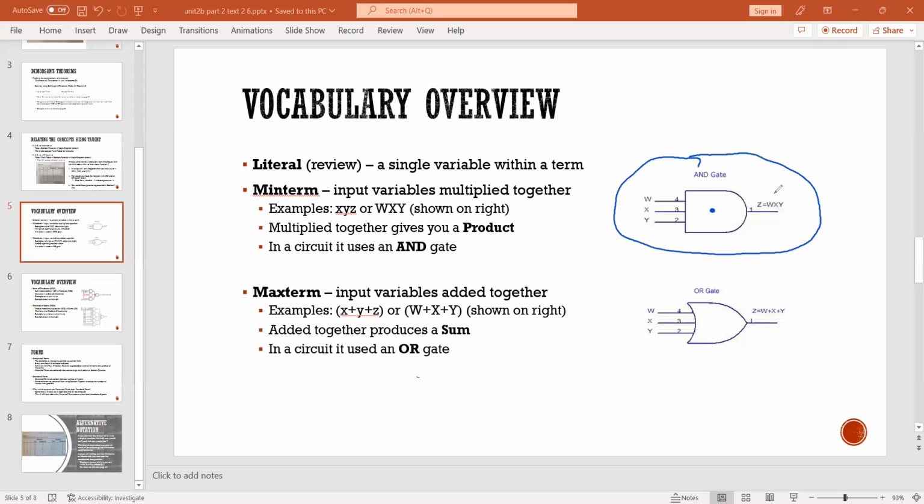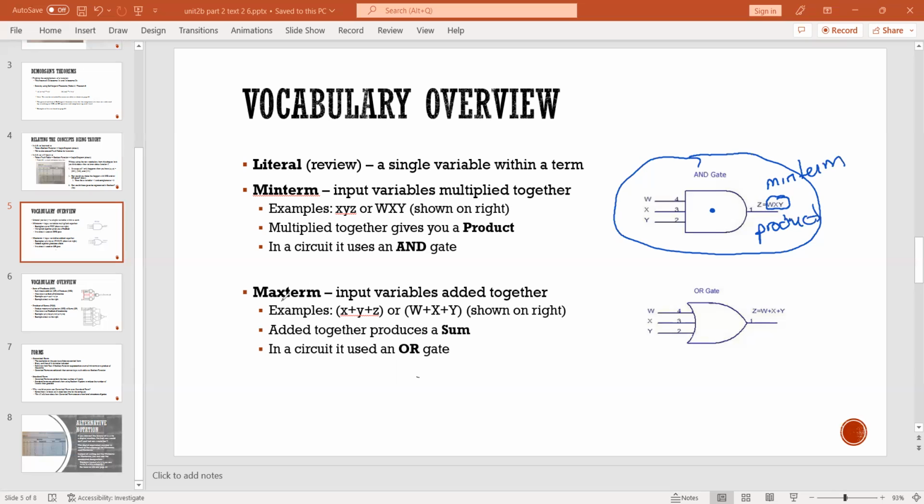Because it's an AND gate, it will end up being W, X, Y, Z. So this would be considered a min term. So it is multiplication. So you can think of the end result as being a product. Okay, multiplication is a product.